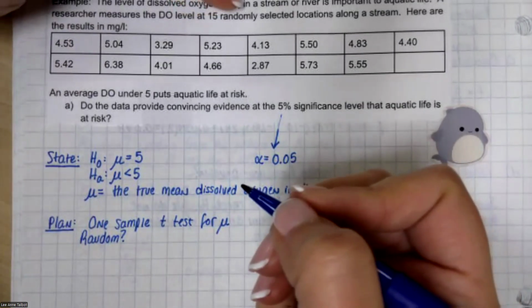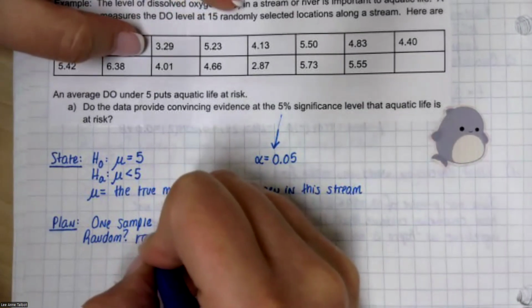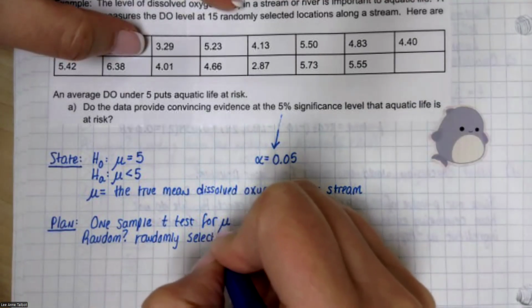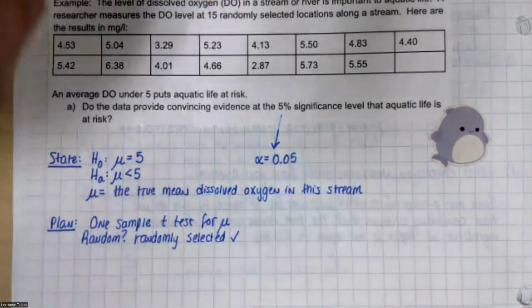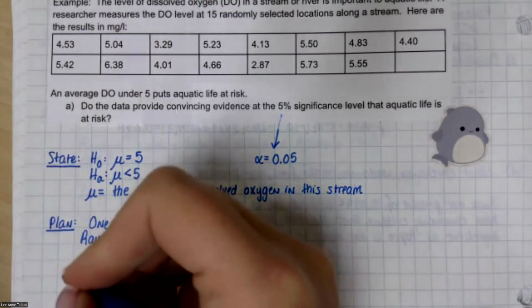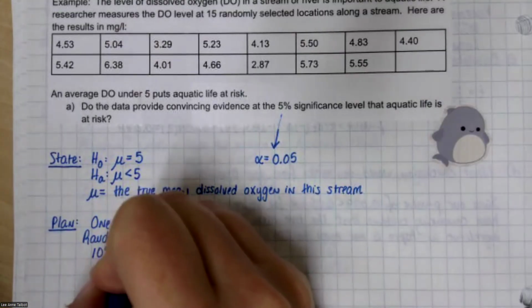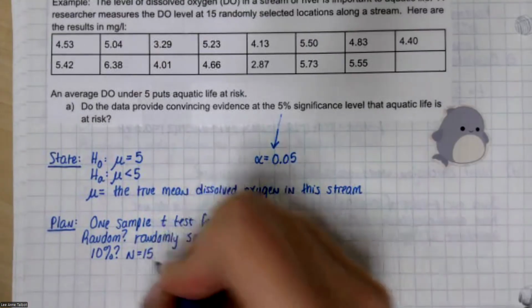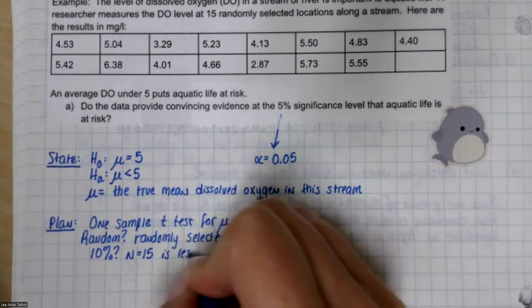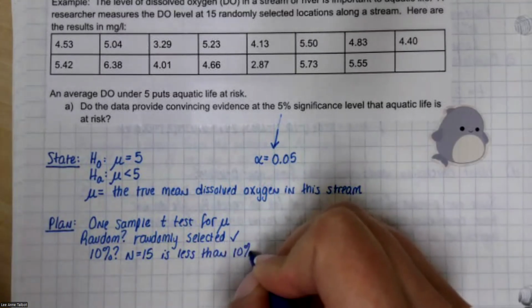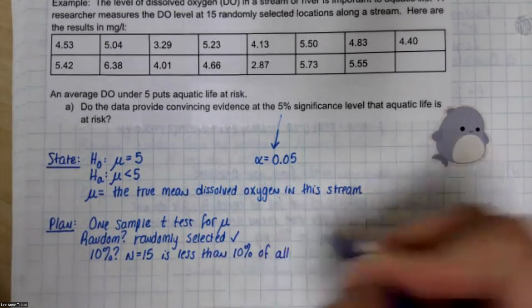Says randomly selected. How convenient. 10%. N equals 15 is less than 10% of all.